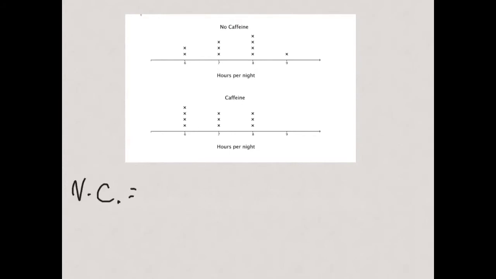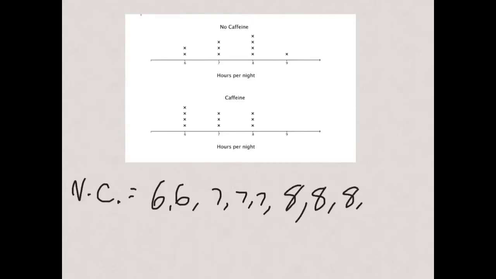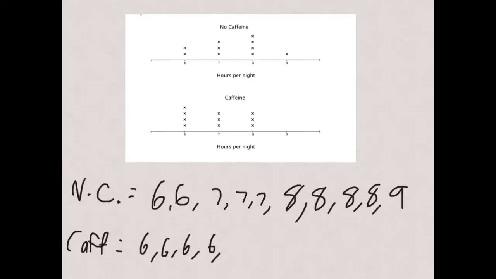I have 6 twice, 7 3 times, 8 4 times, and then 9 once. For caffeine, what I can do is, let's see, 6 happens 4 times, 7 3, and 8 3.